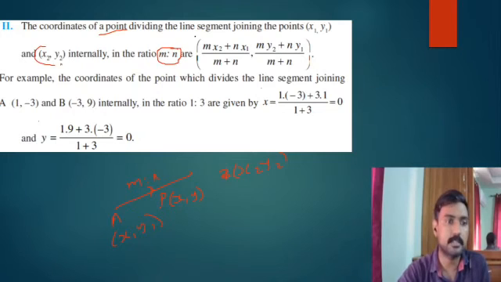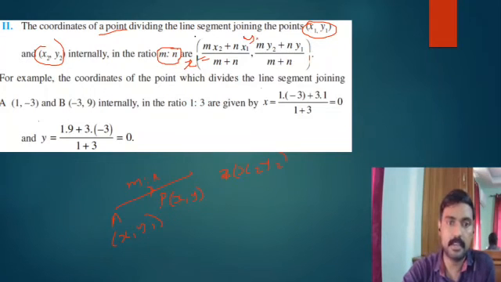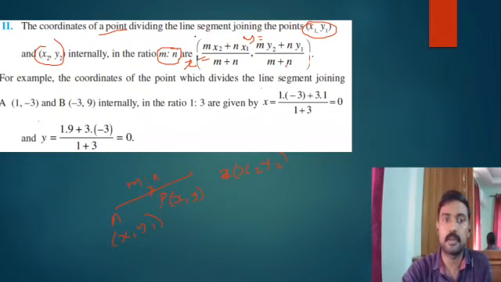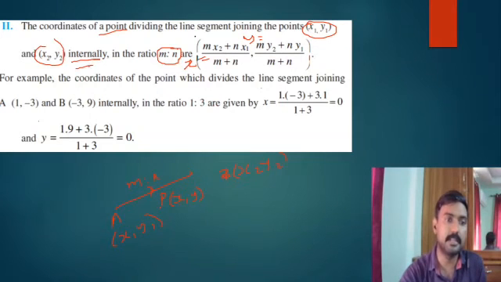The points (x1, y1) and (x2, y2) are given. Then x is equal to (mx2 + nx1) divided by (m + n), and y is equal to (my2 + ny1) divided by (m + n). We already studied this, and be careful, this is for when it divides internally.